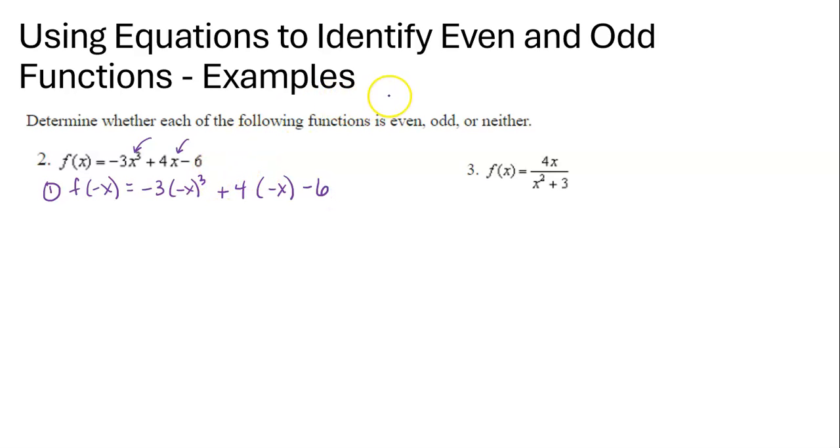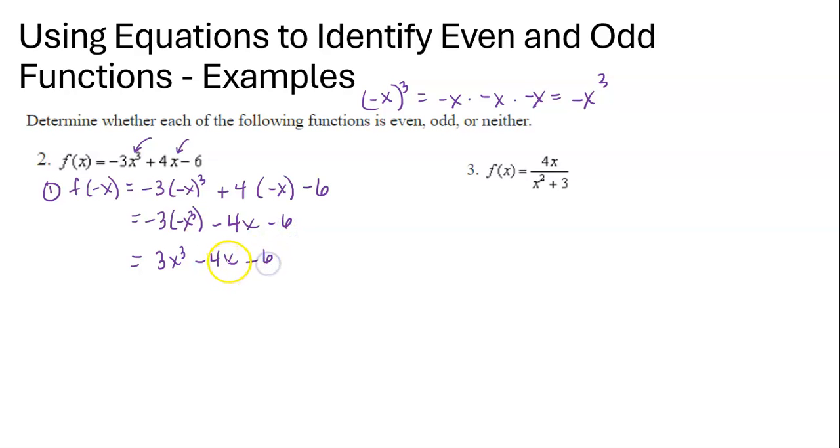Negative x cubed is negative x times negative x times negative x, which is negative x cubed. So this is negative 3 times negative x cubed, which gives me positive 3x cubed. Here, this gives me minus 4x, and the minus 6 is just hanging out for fun.